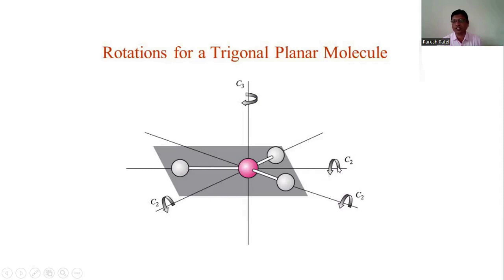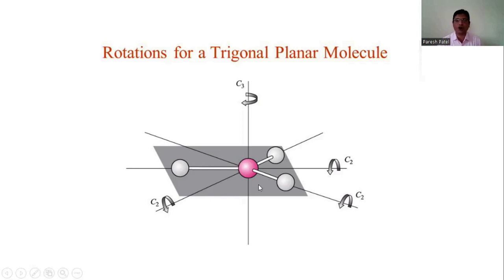Because if we rotate this molecule along this axis around 180 degrees we get the equivalent orientation position. Similarly, this is another imaginary axis, and rotating the molecule along it around 180 degrees gives the equivalent orientation position. Similarly, this is the third C2 axis, and rotating the molecule along it around 180 degrees gives the equivalent orientation position.